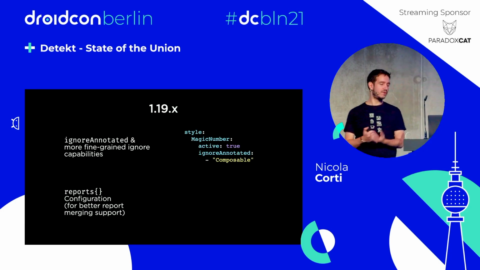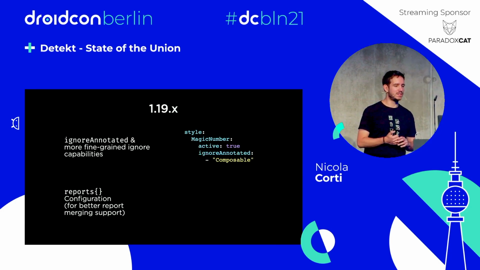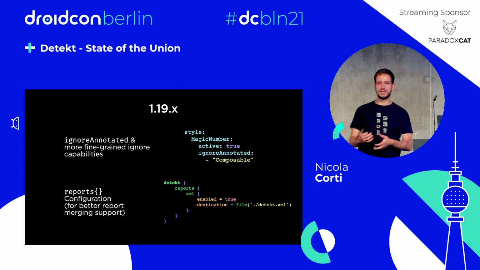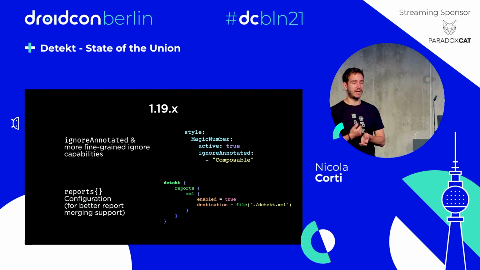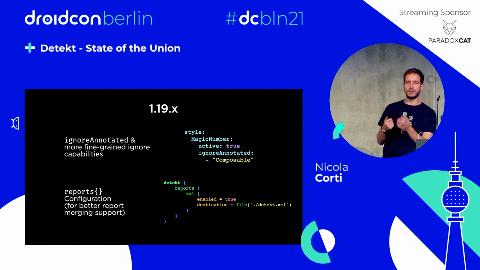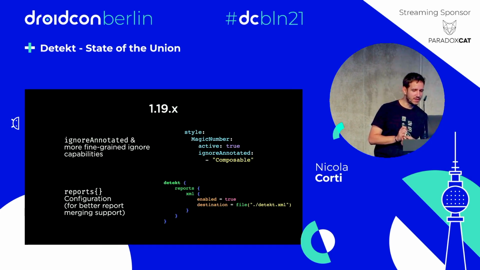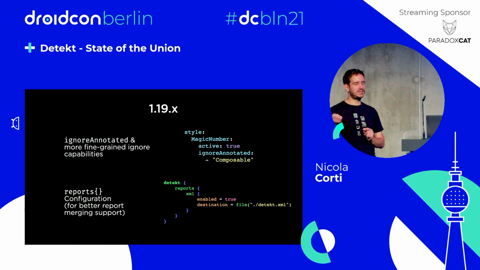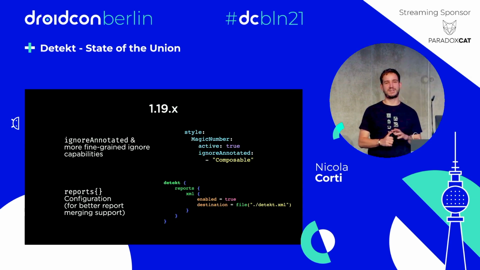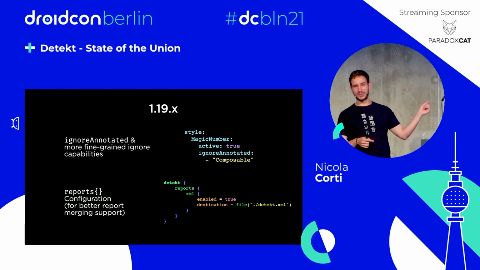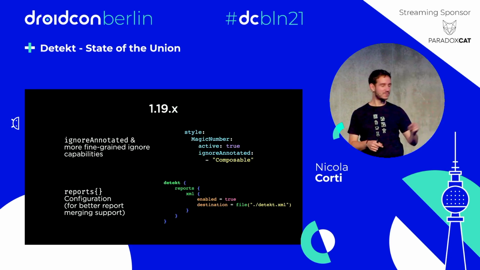Another thing that we are shipping is a deprecation of the reports block. Nowadays, on Detekt, you can specify where reports should end up, and you can enable or disable them. For example, you can say that you want the XML one, and you want it in a file called detekt.xml. The problem with this code is that every task, and we saw there are a lot of them, will get this information.